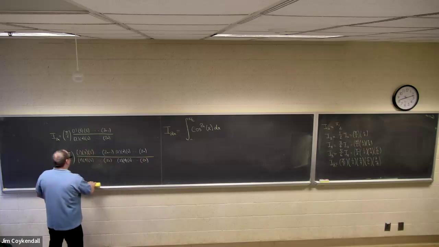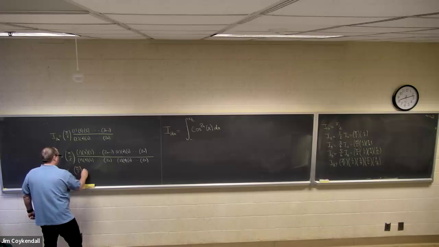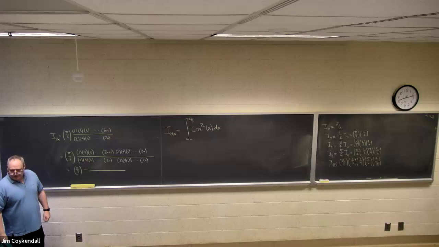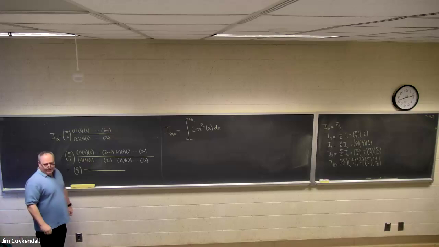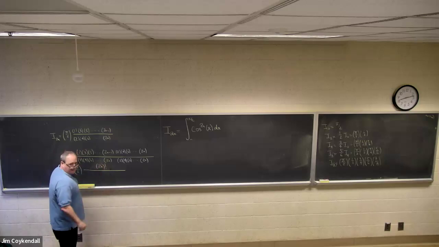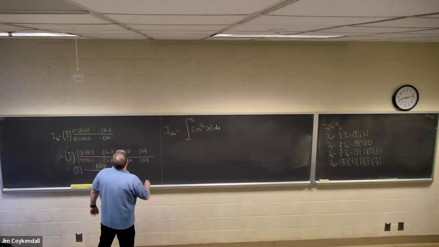So what am I left with on top? Well, this is pi over 2. Can somebody tell me a concise way to write the top? It's 2n factorial. Everybody agree? Now let me take a little sidebar here.